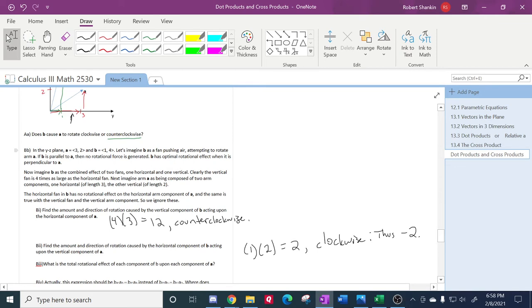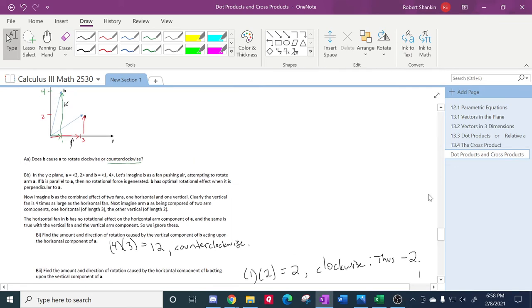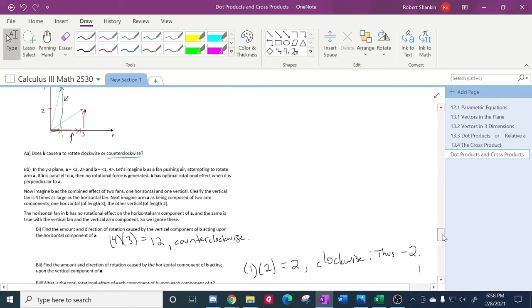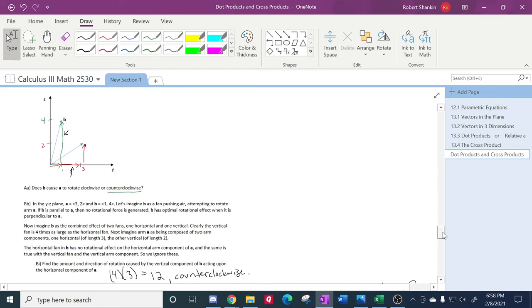So are we trying to predict where A is going to rotate, or are we just trying to predict whether the horizontal of A will go this direction or that direction, or the vertical of A? Because if we're trying to find the rotation of A, wouldn't we factor in the two torques that we've already calculated and say -2 plus 12 gives us a torque of 10?